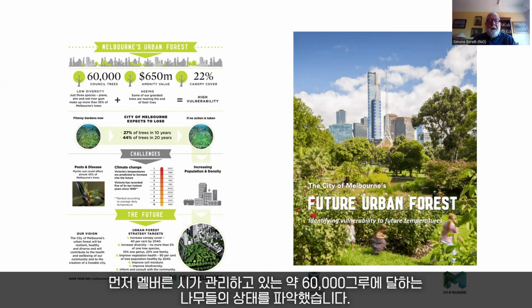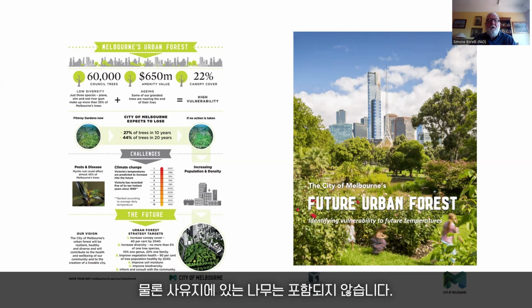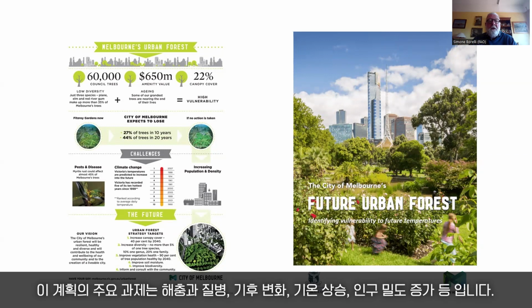And therefore, they're looking at how these trees that are already managed by the city, which is about 60,000, but of course, this doesn't include all of the trees in private areas, how these will be affected. And the main challenges will be pests and diseases, climate changes, and of course, the temperature is going to go up, and increasing population and density.